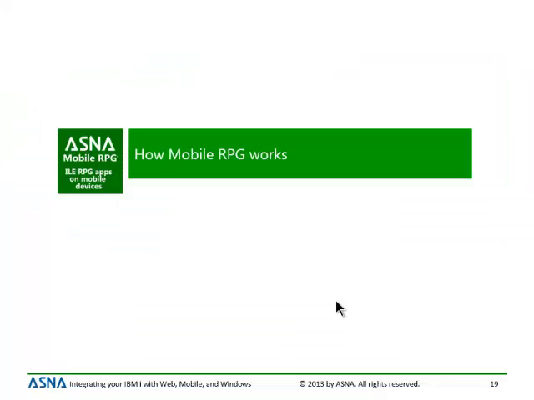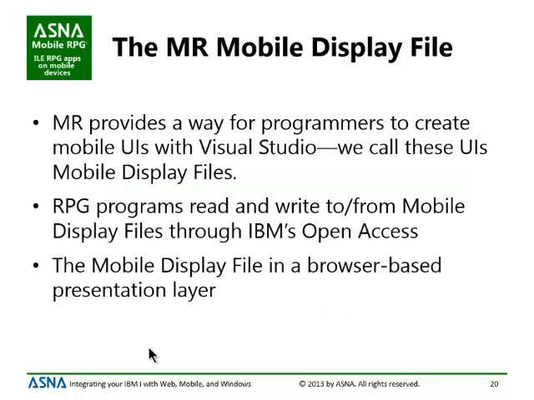Those demos with Mobile RPG show you a little bit of how it works, what the experience is like in Visual Studio. Let's take just a few moments to take a little more in-depth technical look at some of what we just saw happening. So the Mobile RPG display file provides a way for RPG programmers to create mobile UIs with Visual Studio.